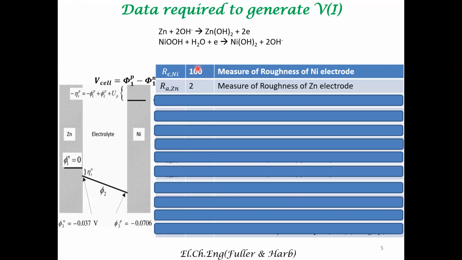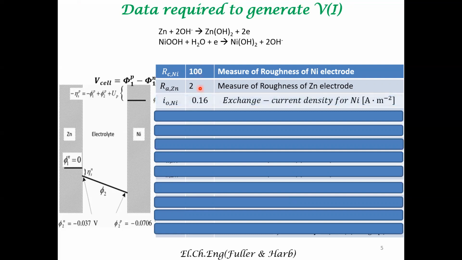We should also know the roughness of the zinc electrode. The roughness differs and it can be experimentally measured. The exchange current density for the nickel electrode has to be provided, and also for the zinc electrode.